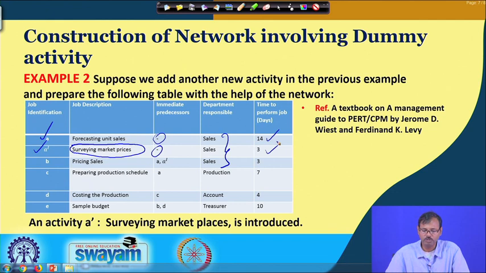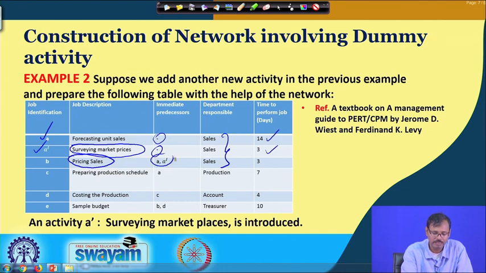Both are independent jobs, so they can be carried out simultaneously. The third job, pricing of sales, will also be carried out by the sales department, but it needs the results of A and A dot. That means the results of forecasting of sales and surveying of market prices are essentially required for the pricing of sales.